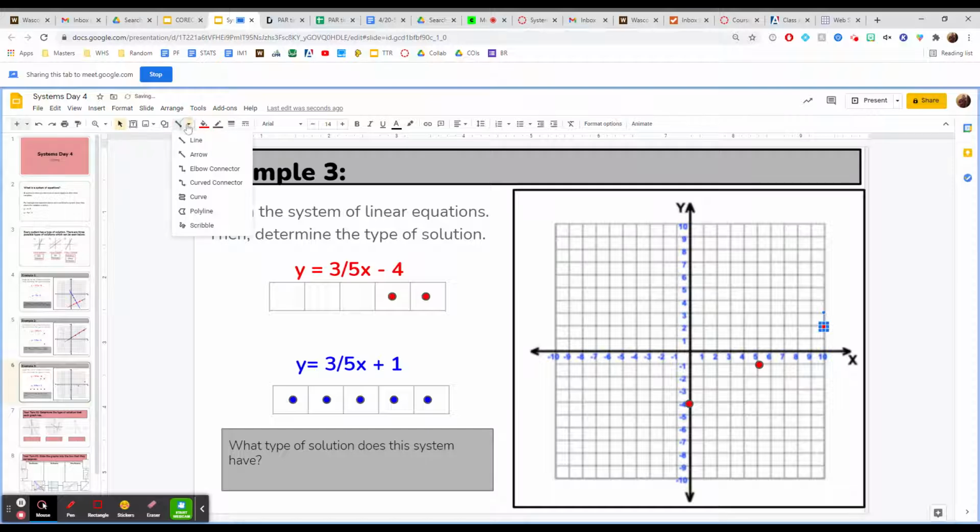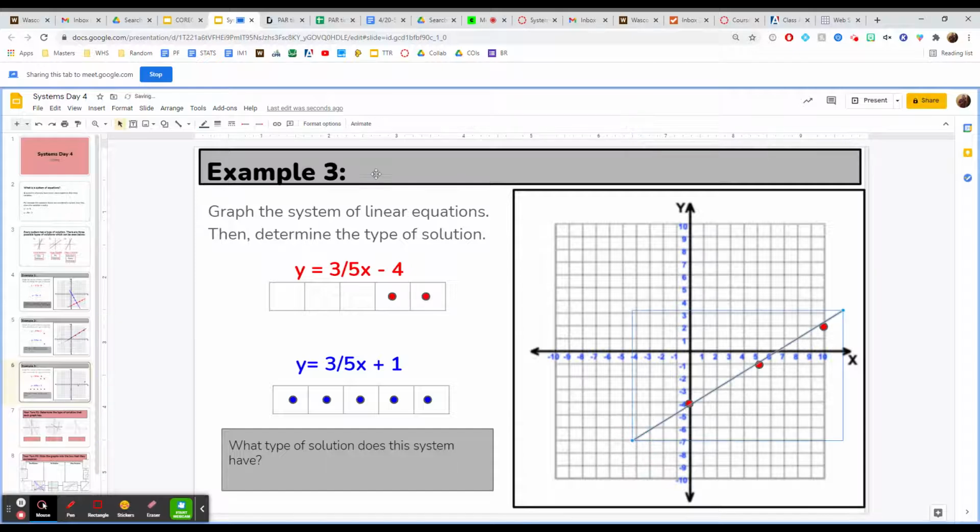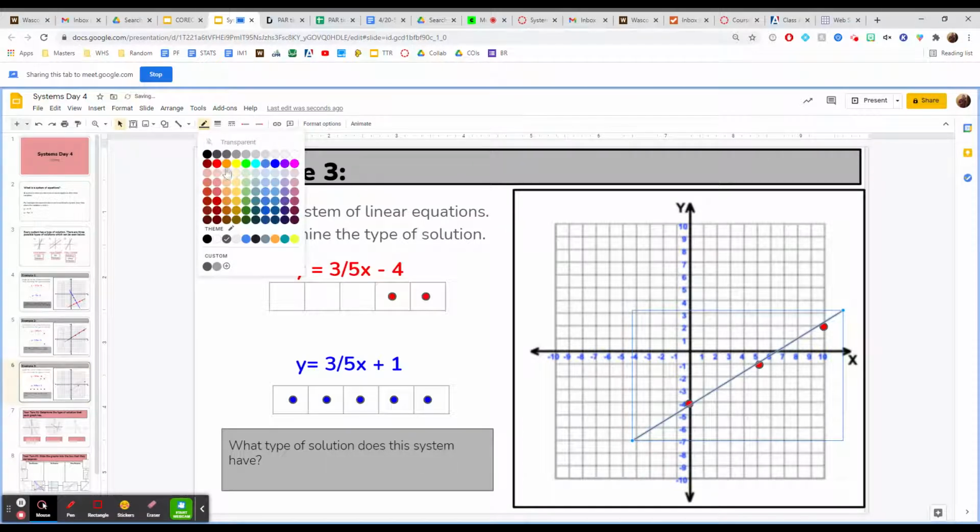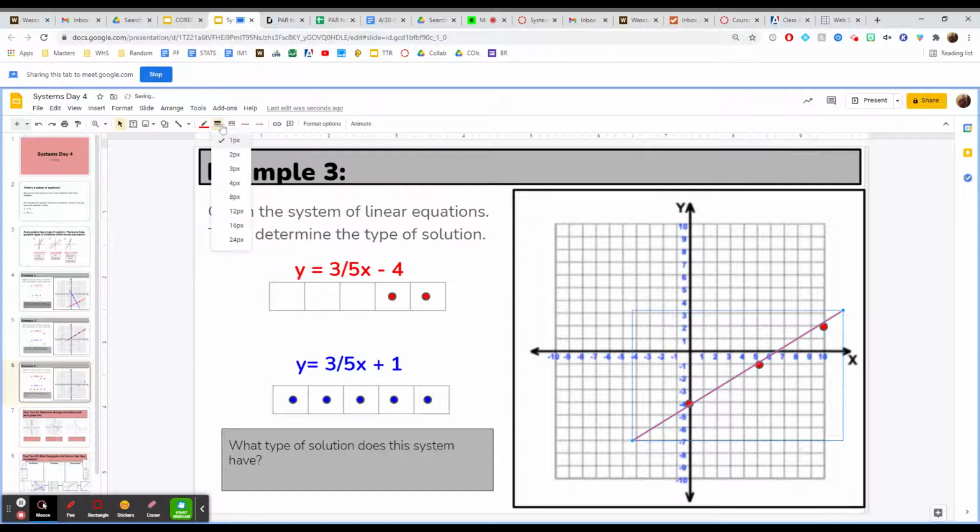Now, again, don't forget to do this step where you get the line. Now I'm going to change the color to red so that it matches the equation. Okay, so that's my line.